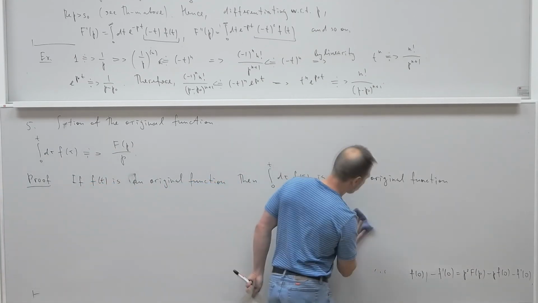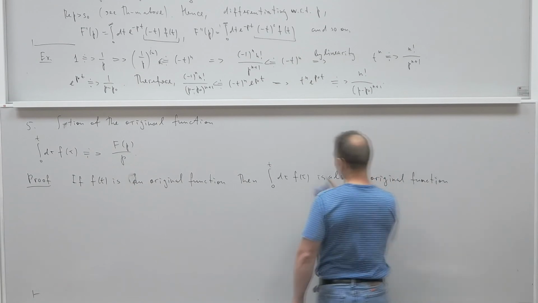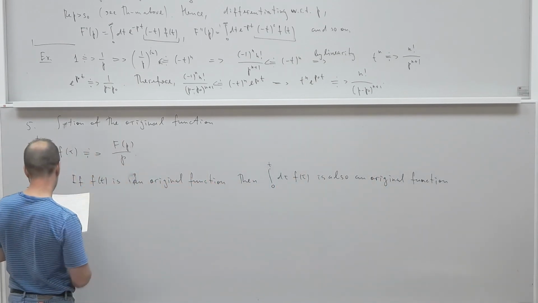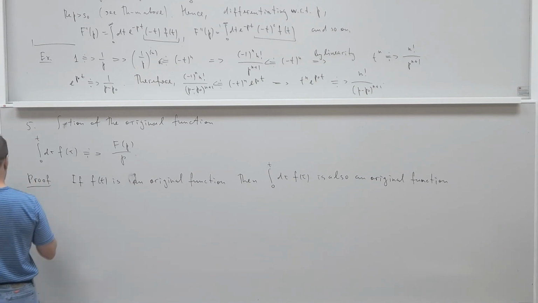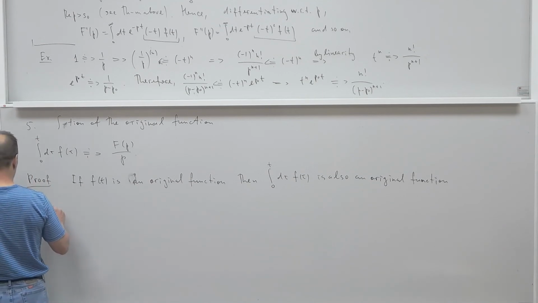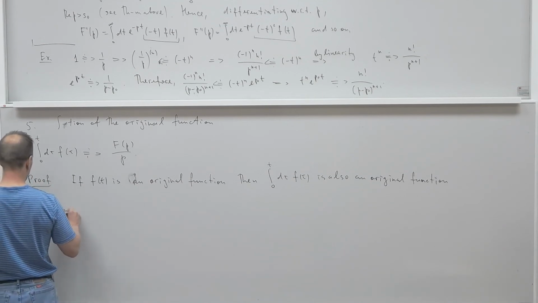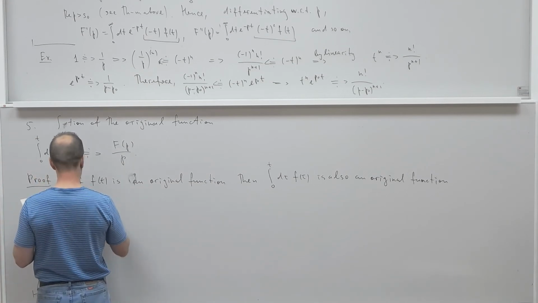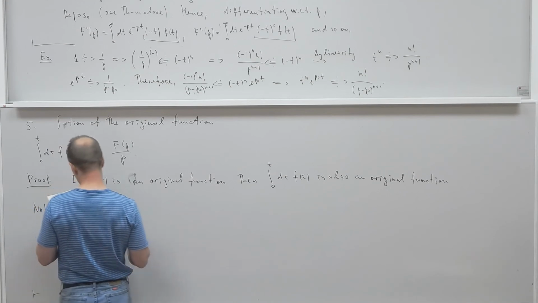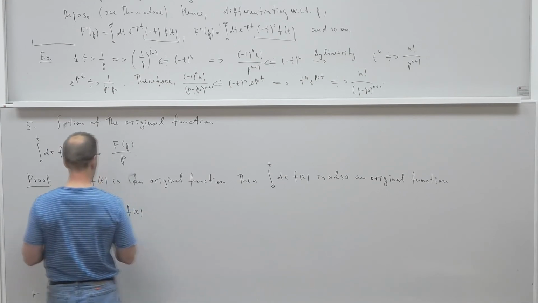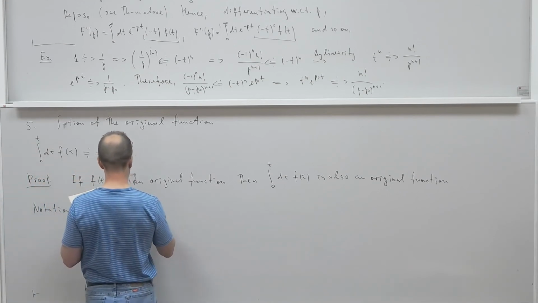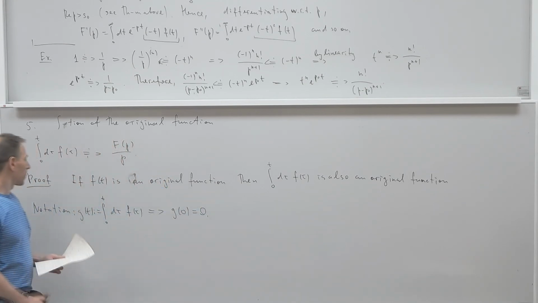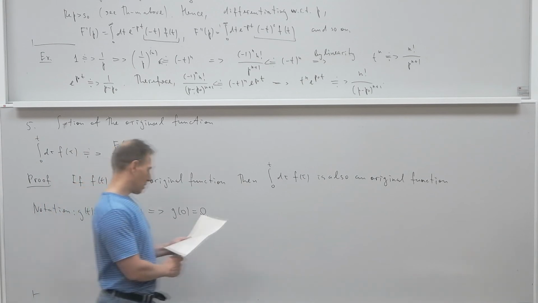And besides, we see that this function, this integral, is 0 when t is equal to 0. Use the notation: g of t is by definition this integral, and we see that it is equal to 0 when t is equal to 0.